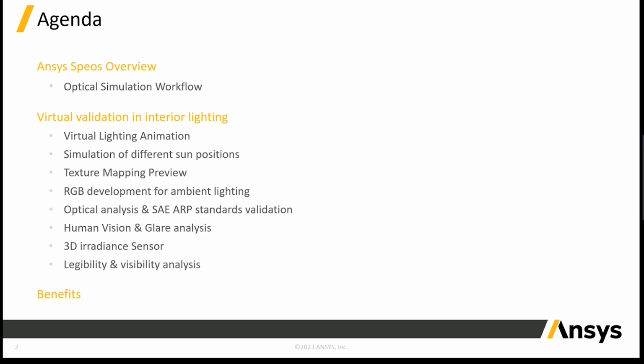Such as virtual lighting animation, possibility of simulating different sun positions, texture mapping preview, RGB development, optical analysis and standards validation, human vision, glare analysis, 3D irradiance sensor, and legibility and visibility analysis.